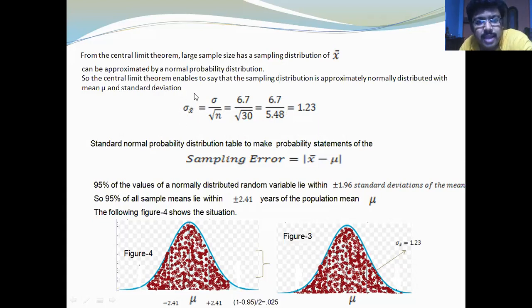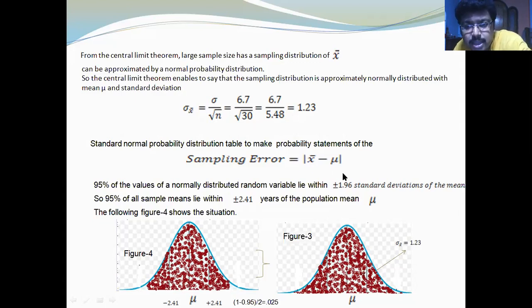This can be calculated as sigma by root n, where sigma is 6.7 and n is 30. The number of samples is 30, so 6.7 divided by 5.48, and ultimately we get 1.23. Now we use the standard normal probability distribution table to make probability statements about the sampling error.